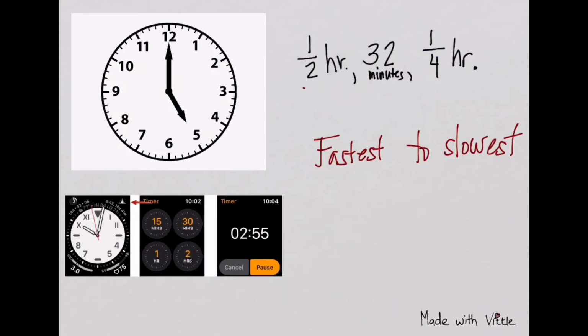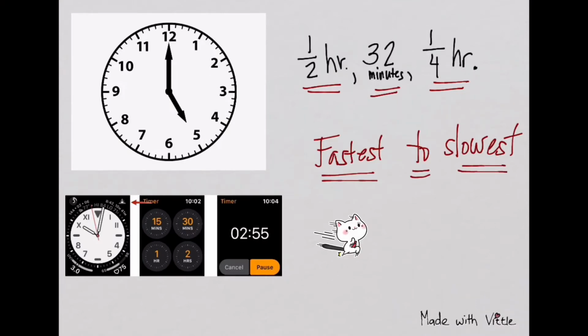Now, let's say we have half an hour, 32 minutes, and 1/4 of an hour, and we have to put them in order from fastest to slowest. Okay, and we all know that fastest means the smallest amount of time, so least. And then the slowest is the one who took more time in doing something, so that's going to be the greatest time.